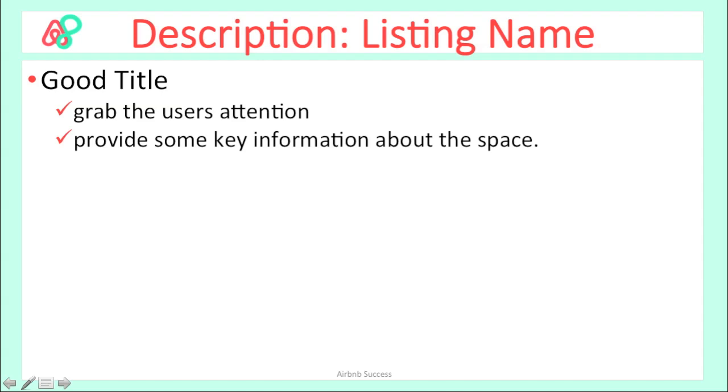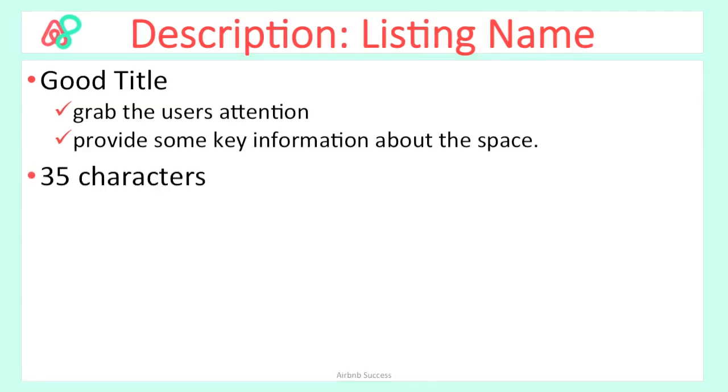They also search for that, so there's no point for you to put the same name in your title. And you only have 35 characters for the listing name. So think about the key qualities that might attract a guest, a browser, to click on your property.